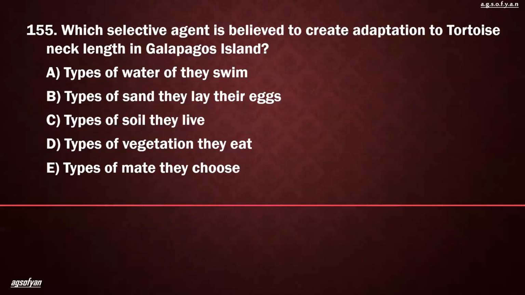Which selective agent is believed to create adaptation in tortoise neck length in the Galapagos Islands? Just remember, this is part of your exam also. The long neck of the Galapagos tortoise is due to the food that they have, different types of food. Most of them is vegetation. Which one do you think is going to be the correct answer?